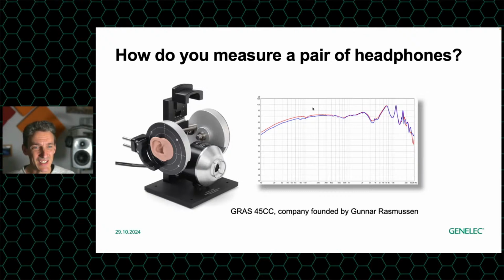And you see, it's also different, of course, the way you measure it. You will need a special device like this GRAS. I hope they pronounce it like that. This is a company from Gunnar Rasmussen from Denmark, already well established, and they build a lot of testing units, for example, for headphones, and also to just find out about HRTFs.